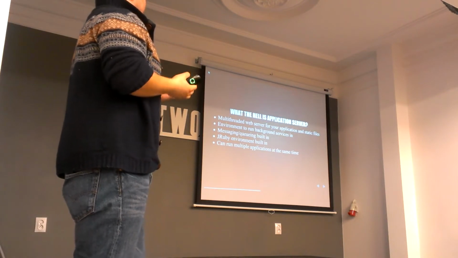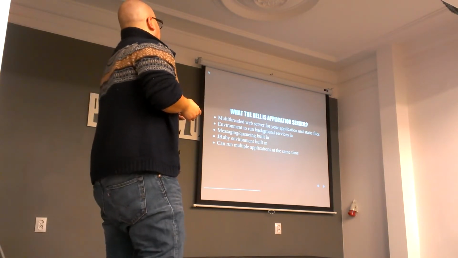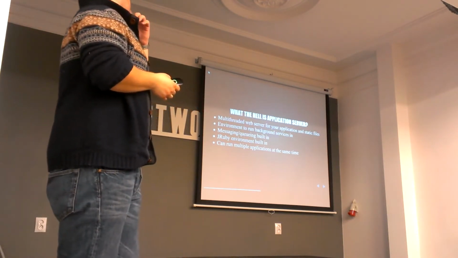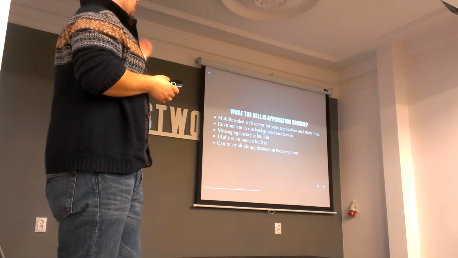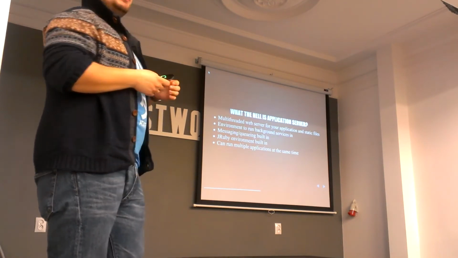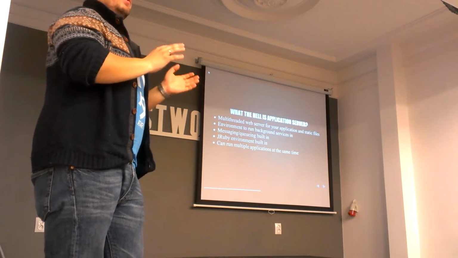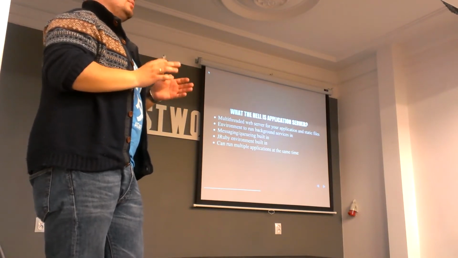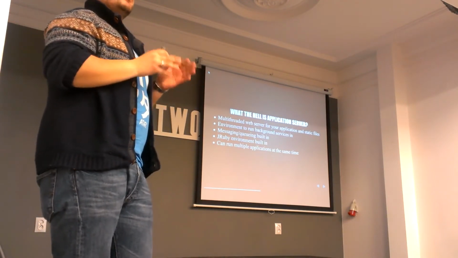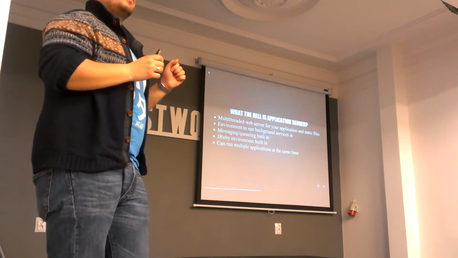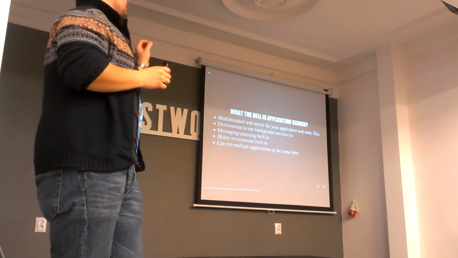So it usually contains a multi-threaded web server, environment, background services, messaging. Torquebox has a JRuby environment built in, so you don't have to install an RPM on your system. All you have to do is unpack and install Torquebox on your server, and JRuby will come bundled with it.